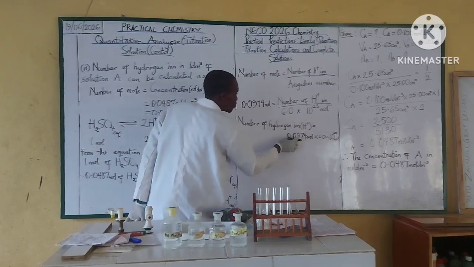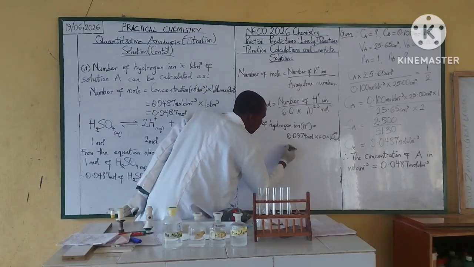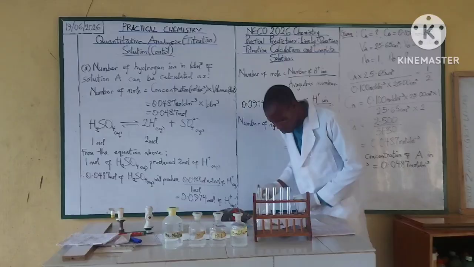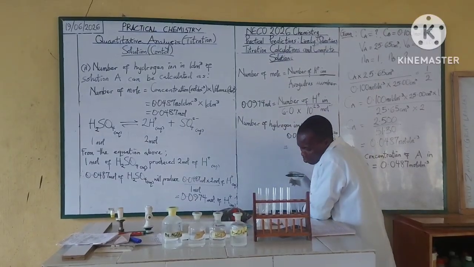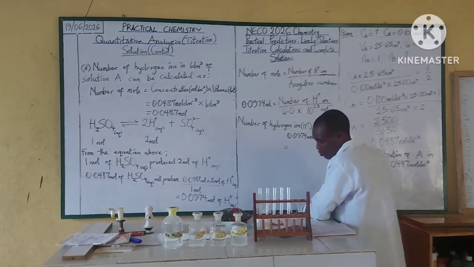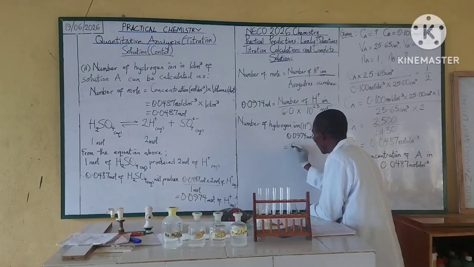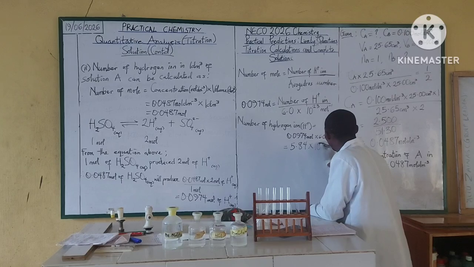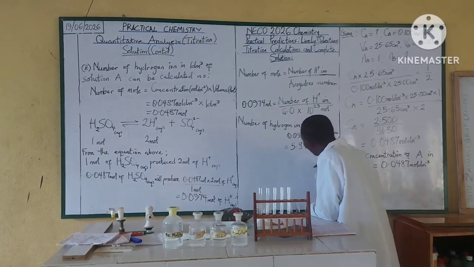Per mole, we take care of mole. Then our final answer will now be, if you multiply it through the use of your calculator, we are going to have 5.84 times 10 raised to power 22.